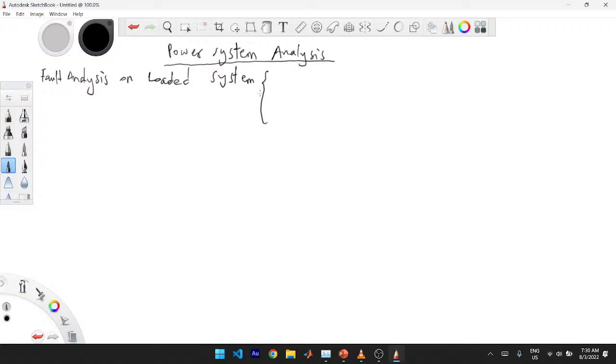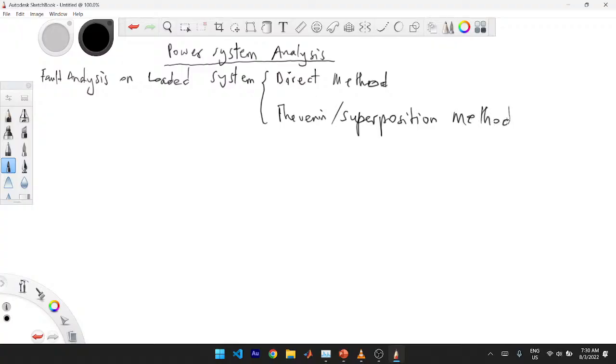We said that we can do this using either the direct method or the Thevenin or superposition method. All right, so let's start.